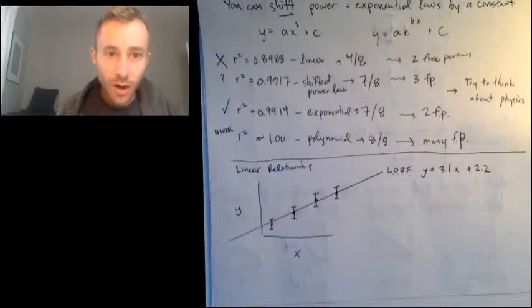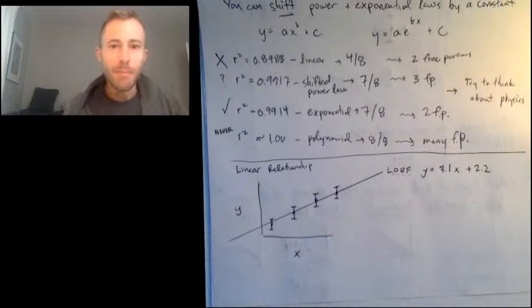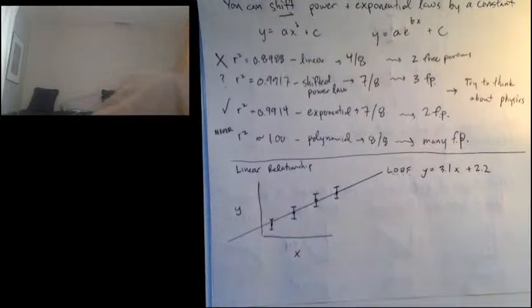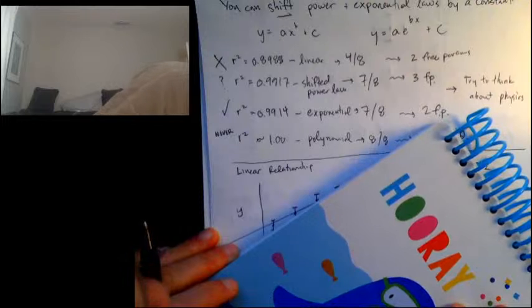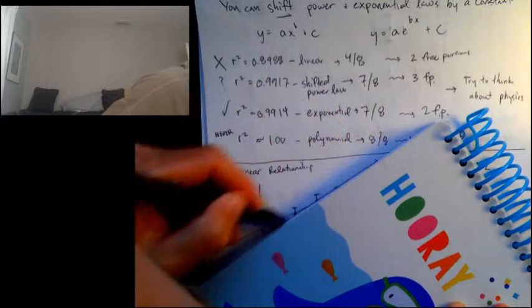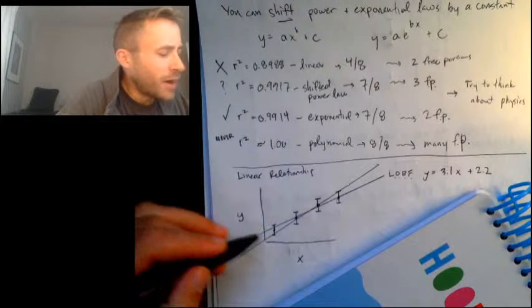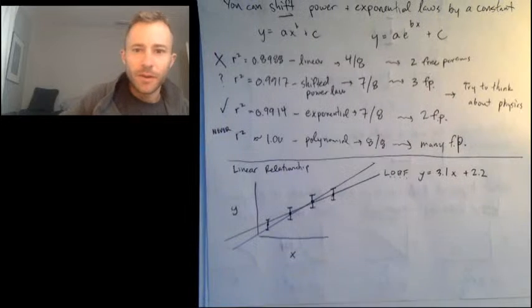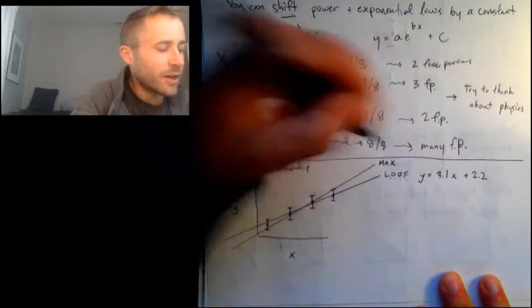You can also draw what is called a max line. So the max line is the steepest line that you could say matches your data, okay? And so the max line goes from the bottom of your leftmost error bar to the top of your rightmost error bar, okay? So this is called your, quote, max line.